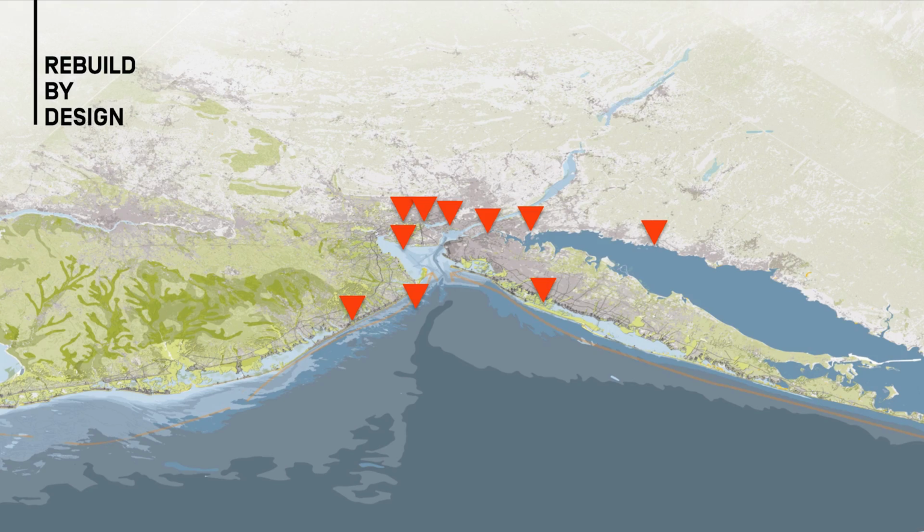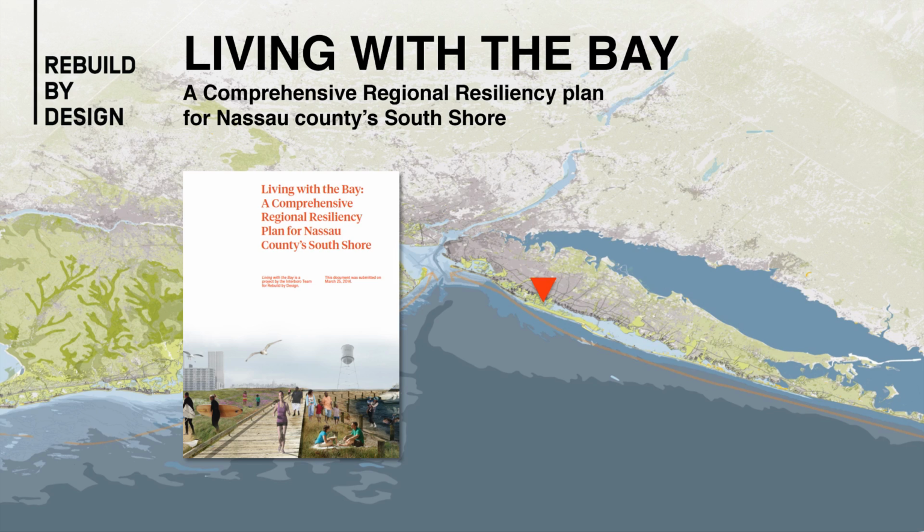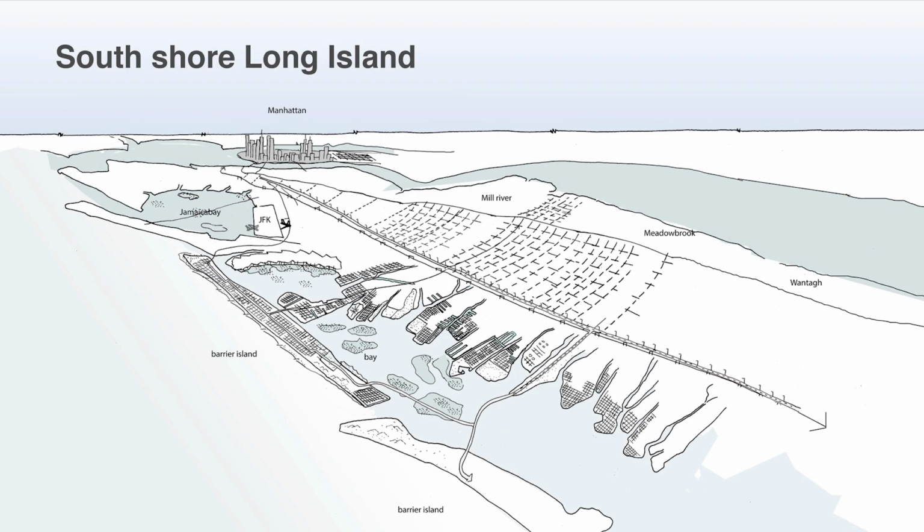It's a comprehensive regional resiliency plan for Nassau County. Nassau County is typical for the south shore of Long Island, where you have the barrier islands, the bays, and then the developed lowlands connected to the higher uplands. This is a very dynamic landscape, but a very fixed urbanization.